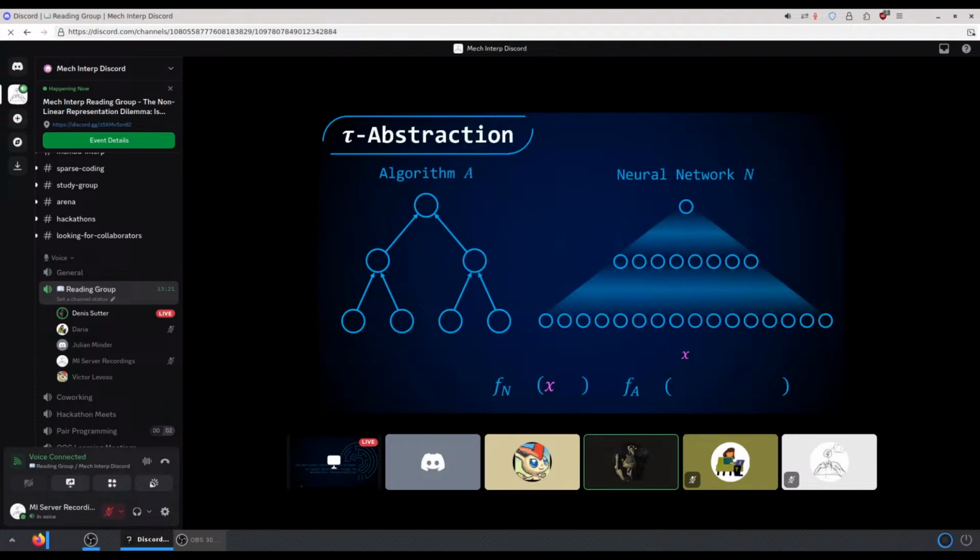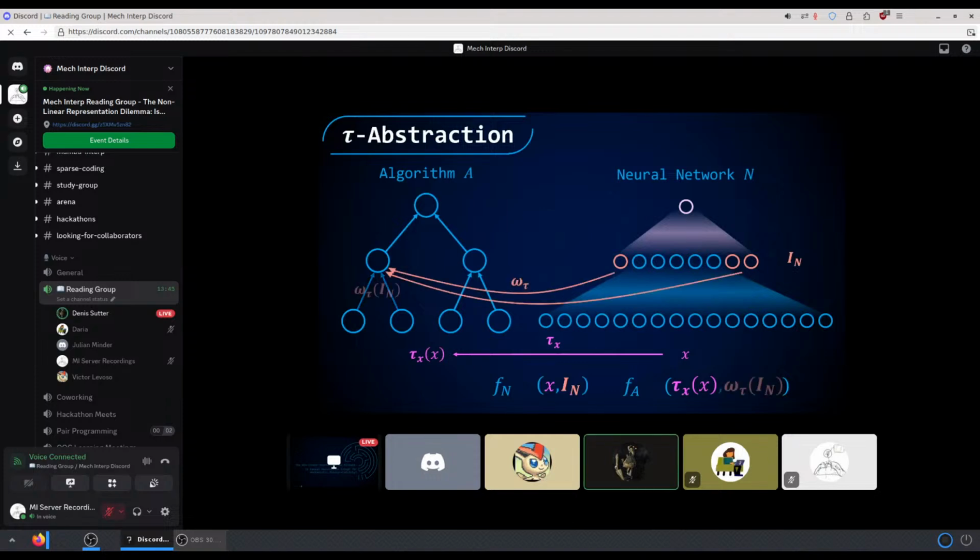Now assume an input x. For a tau abstraction, there must exist a surjective function tau x that translates the input of the neural network into the corresponding input for the algorithm. Causal abstraction defines the equality between a neural network and algorithm in terms of interventions. Let us therefore perform an intervention on the neural network, as illustrated here.